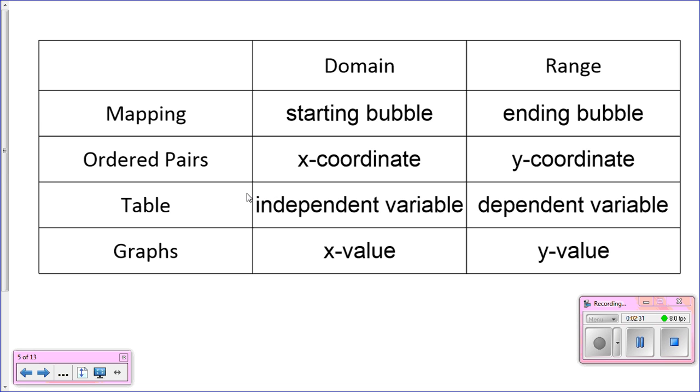The table is going to be your independent variable. Sometimes it's labeled xy, sometimes not, especially if we're talking about a real world situation. You're going to have to figure out what the independent variable is. Remember, that's the one that doesn't depend on anything. It's going to happen no matter what. The range will be your dependent variable. So that's going to depend on what's going on with the independent variable.